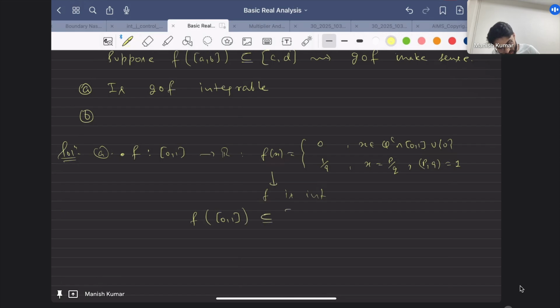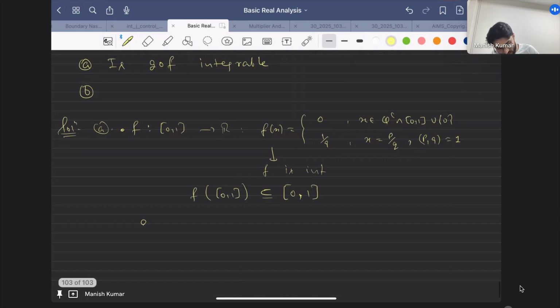So I have to define a function g on [0,1] which is integrable. Sir, did I write something wrong? No, no, sir. Okay, I'm telling you the function.